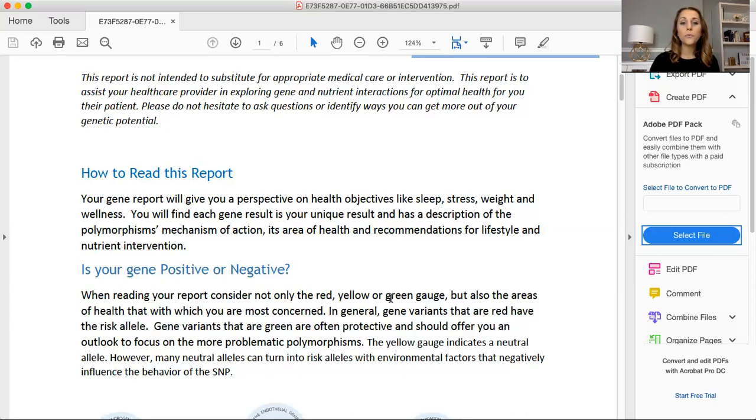When you're reading the report, it's in a stoplight format. Red means it has a negative effect on the patient. Yellow means it is neutral, not negative or positive. Green means it has some sort of protective or beneficial effect for that patient.